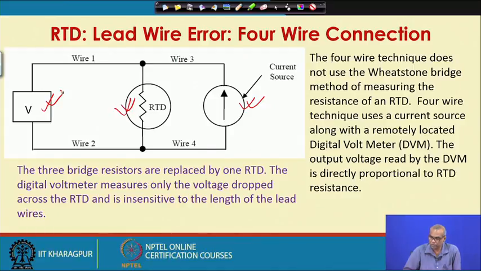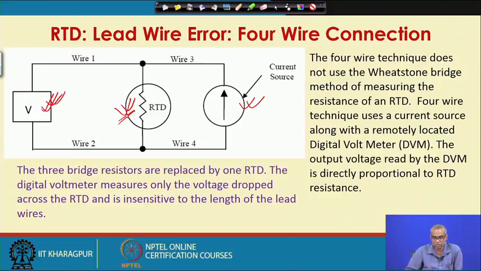The output voltage read by the digital voltmeter is directly proportional to the resistance of the RTD element.